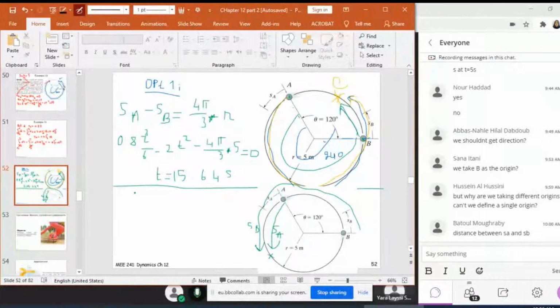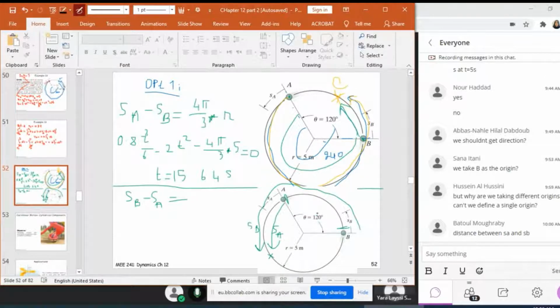In this case, SB minus SA, because SB is much greater than SA, will be equal to what? SB minus SA will be equal to this arc here. Now, what is this arc?